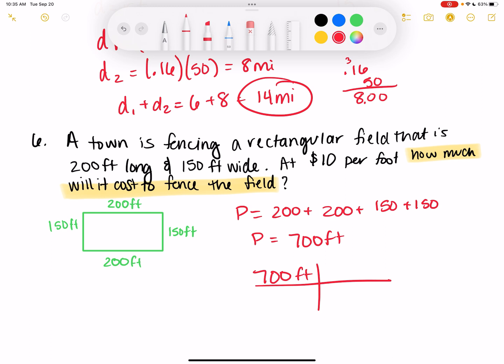So it's $10 per foot, so per 1 foot. So our units then cancel out. So feet go away, so that means the only units I'm left with are dollars. So we just multiply 700 times 10. When we're multiplying something by 10, we just add another 0 to whatever number we had. So this will be $7,000 is what it will cost to fence that field.